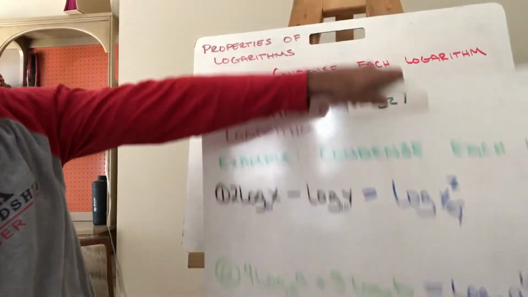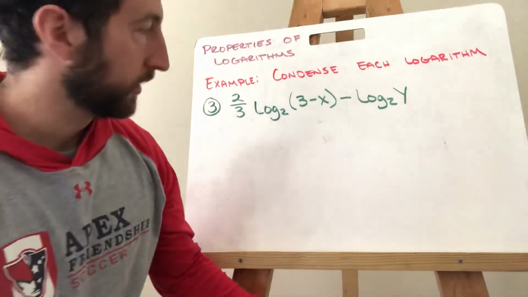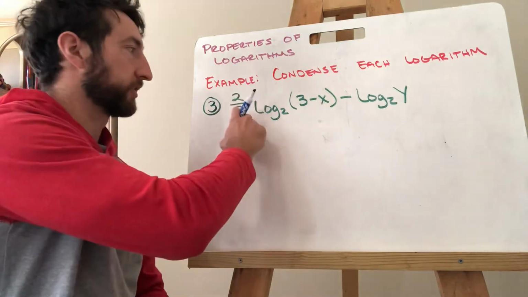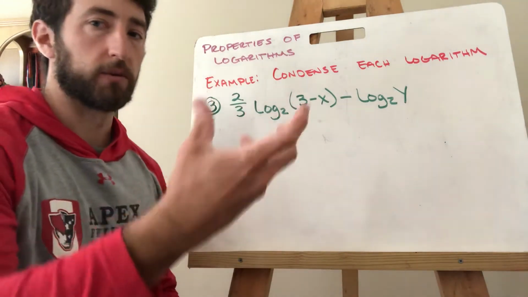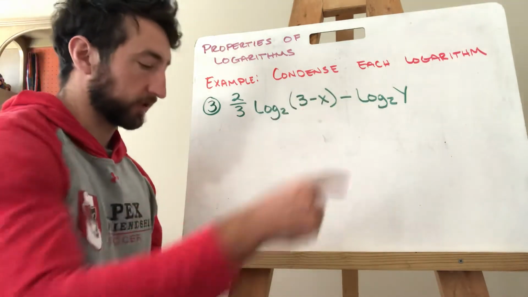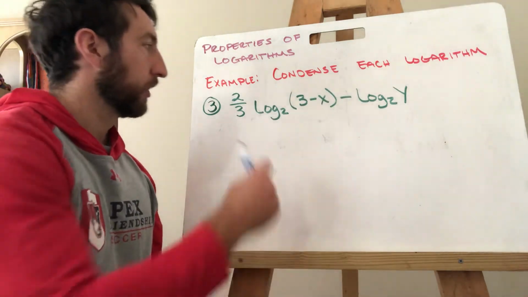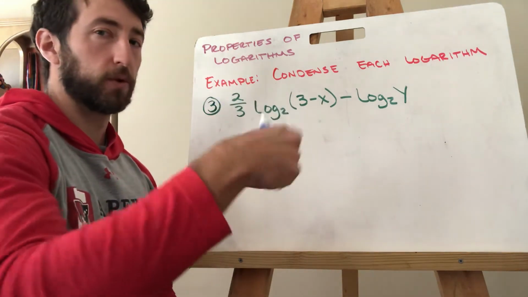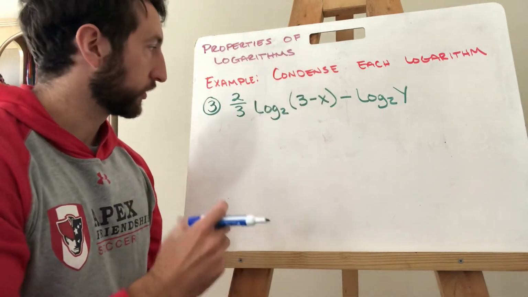Then we've got one more example problem. So this one has a little bit of stuff to deal with. We've got a 2/3 out here. So remember, we can rewrite that: the denominator would make it a cube root, but just like we did with that 3/5 earlier, we're going to undo that. So we'd have a cube root, and then we'd have a square inside the cube root.